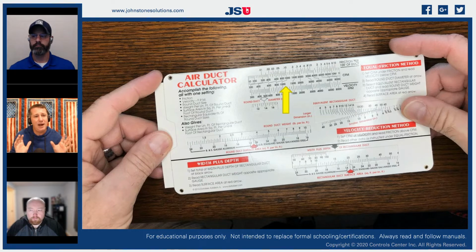So if I'm looking for a piece of ductwork to connect to my blower that will move 1,000 CFM of airflow and only have 0.1 inches of static on that, this is where my duct calculator comes into play. So I set my slide to 1,000 CFM, around 0.1 inches, and now I can have a variety of different sizes of ductwork that I can use to accomplish that.